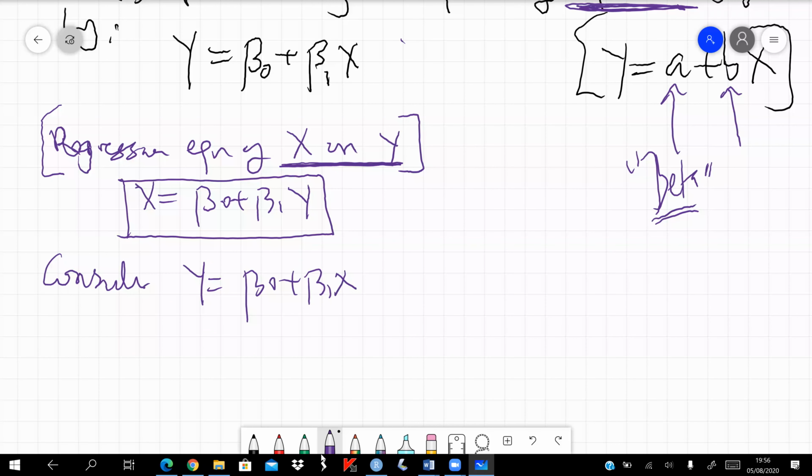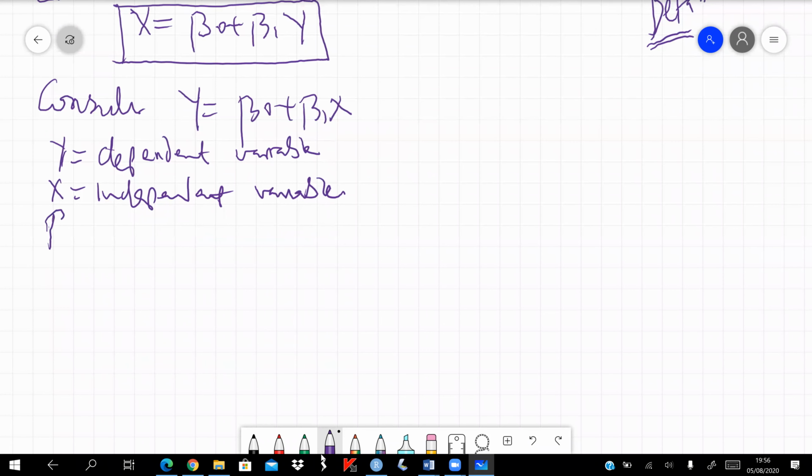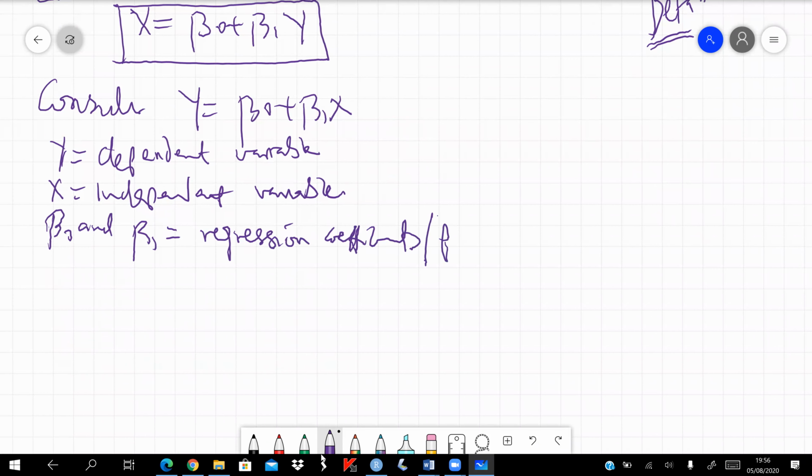So let's consider this regression equation, y equals beta naught plus beta 1 of x. Y here is called the dependent variable, and x is the independent variable. Then beta naught and beta 1 are the regression coefficients. Sometimes we call them parameters.